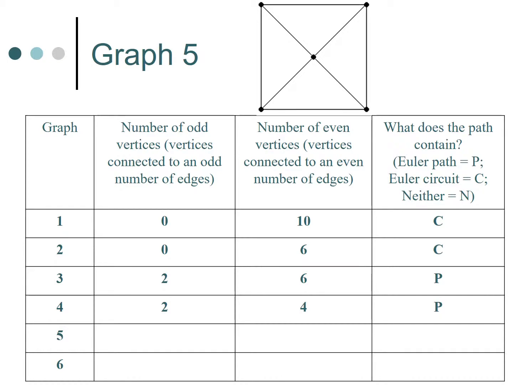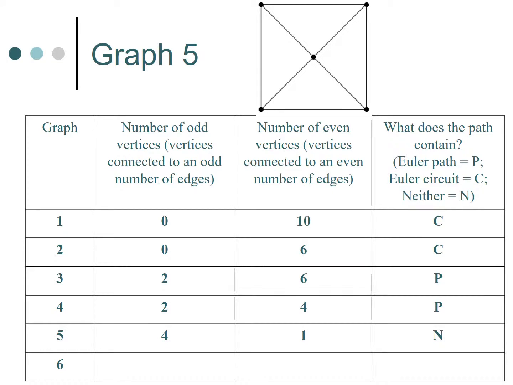The 5th graph, if we look at it, we couldn't figure out a good way to do this, could we? And if we start counting, we realize that all around the outside of it, if we start at the top left, there's 3 edges that go into it, so it's odd. The top right has 3 edges, the bottom right has 3 edges, the bottom left has 3 edges, so there are 4 that are odd, and the one in the middle has 4 lines going into it, and that's even.